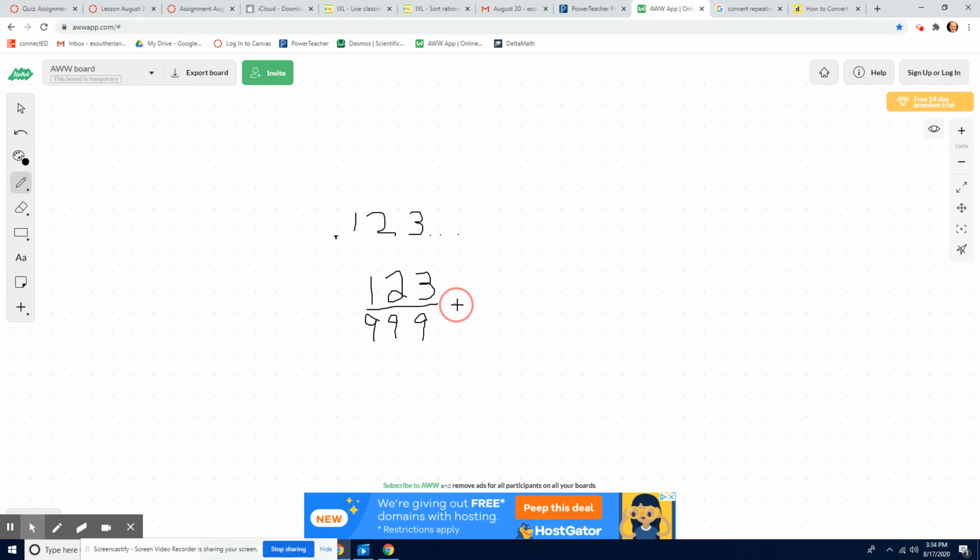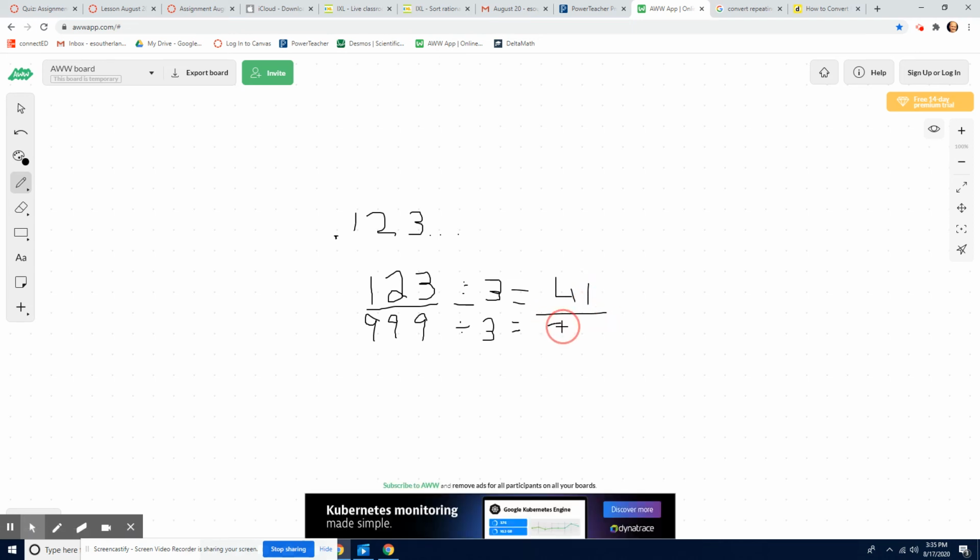And then they're both divisible by 3, and so you could divide by 3 on these. Now, the easiest way would be the calculator, but I feel like you should know this just in case. This would be 41 on top. This would be 333 on bottom.